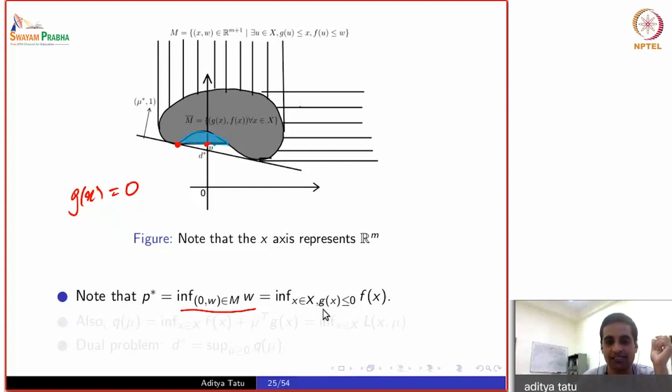Therefore, if I'm looking at x coordinate being 0, there has to be some g(x) which is less than or equal to 0. And of course, w is nothing but the y coordinate, which is the objective function, so that's f(x). So finding this p star is nothing but this problem, and this problem is the primal problem.